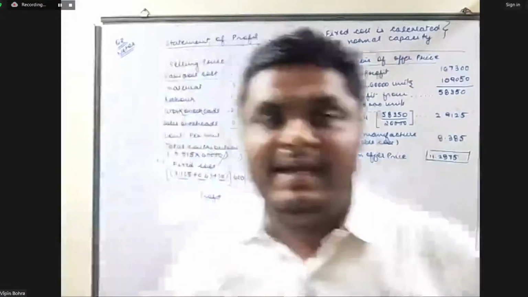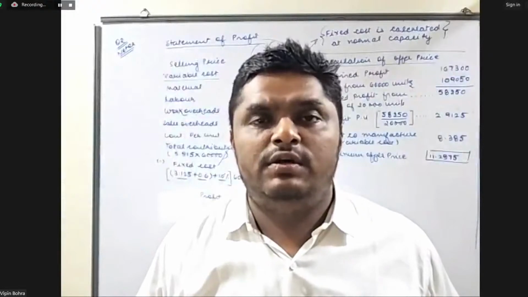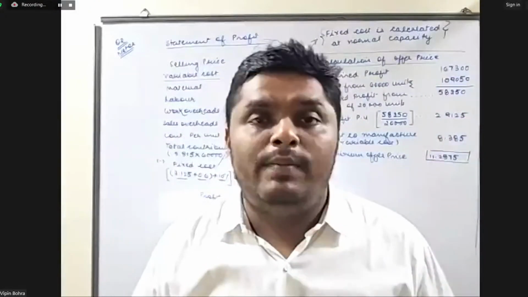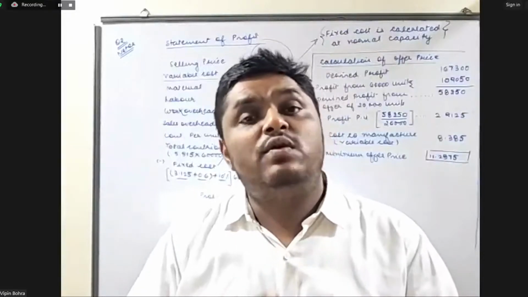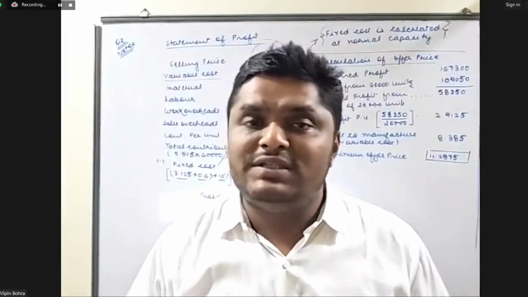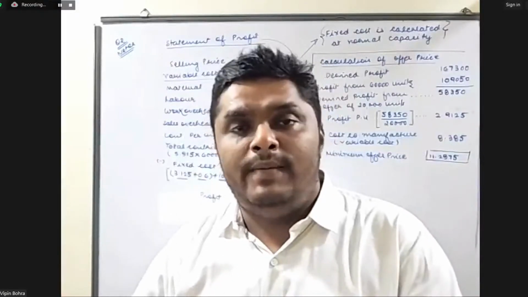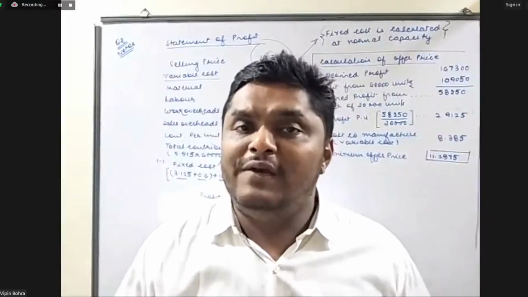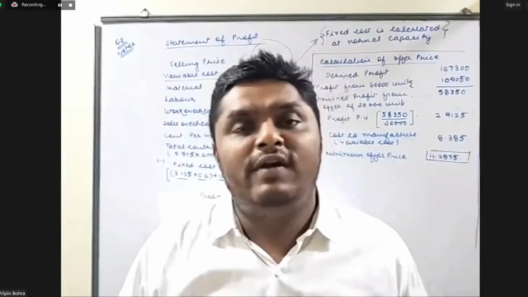I repeat again, guys, fixed costs remain fixed irrespective of production, and fixed cost will always be calculated at normal capacity. I think you must have learned this in budgetary control. If fixed cost is given per unit, we have to multiply it with the normal capacity to get the total fixed cost, and that fixed cost will remain the same at all levels of production.